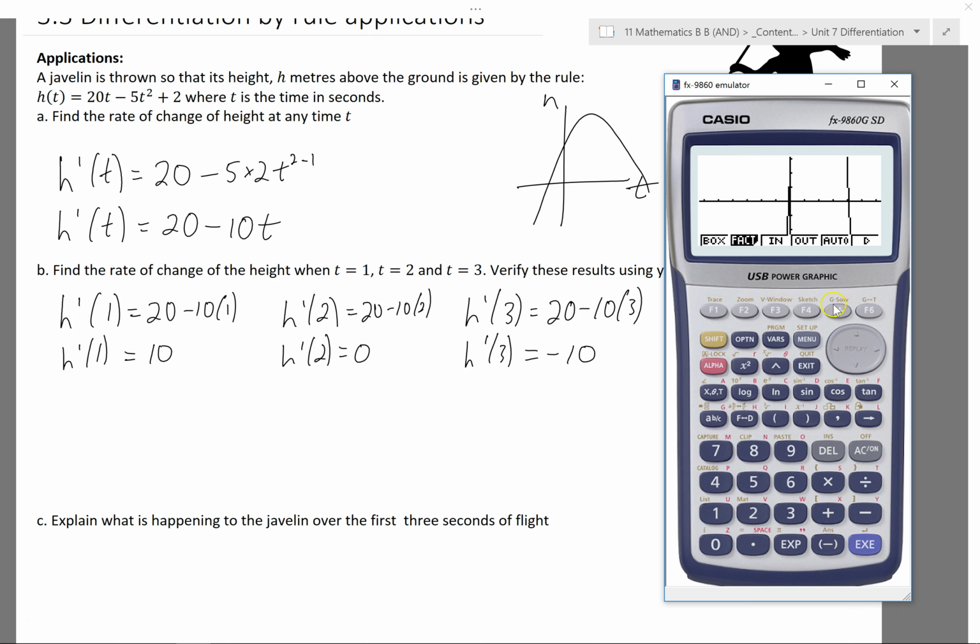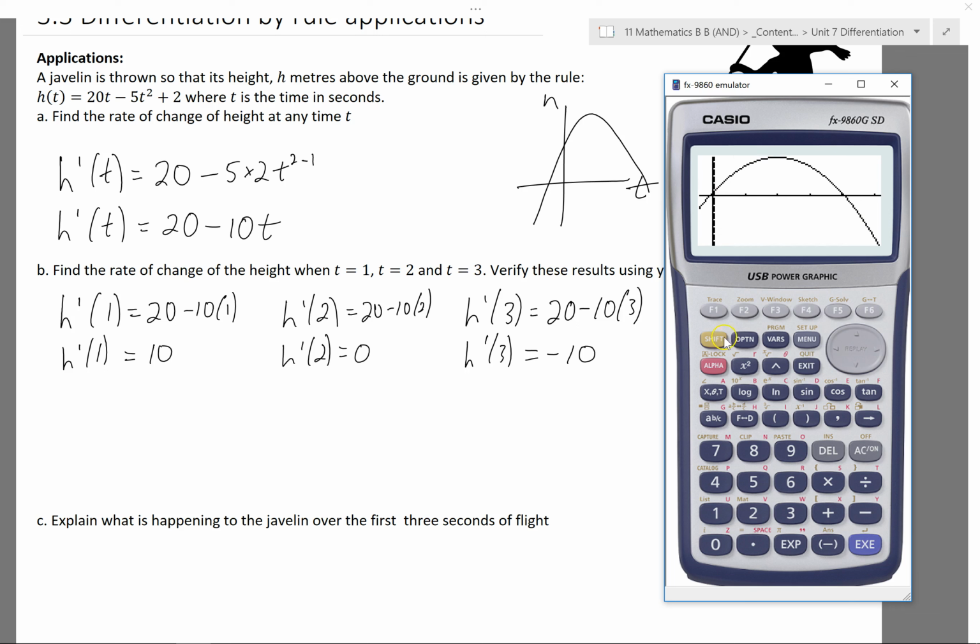Maybe do an auto zoom, and maybe then I could zoom with a box around the part that I'm interested in. Yeah, it looks pretty good. Remember, I need to go to menu, check that derivative is on.